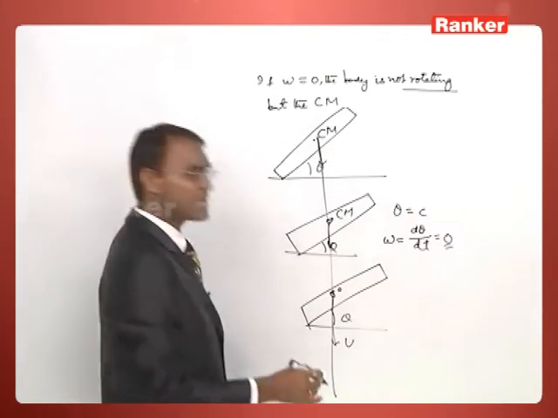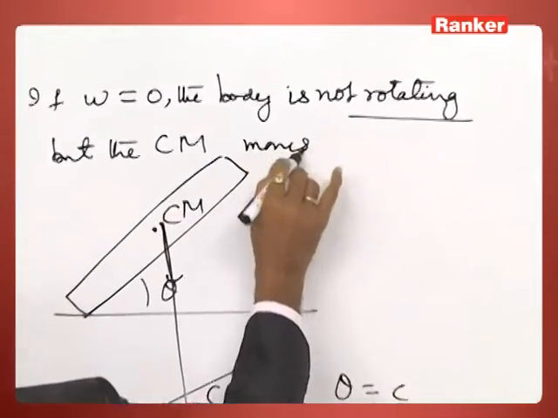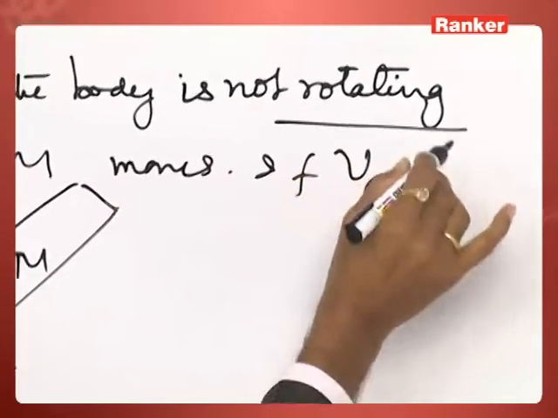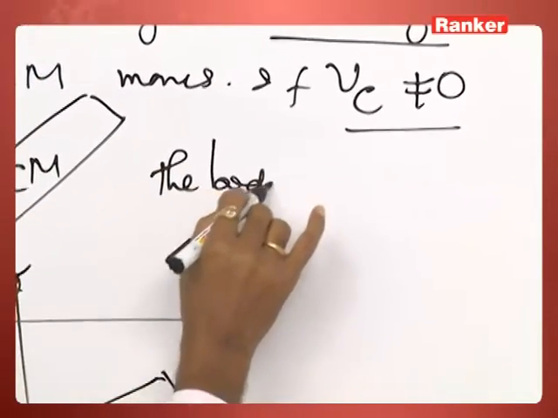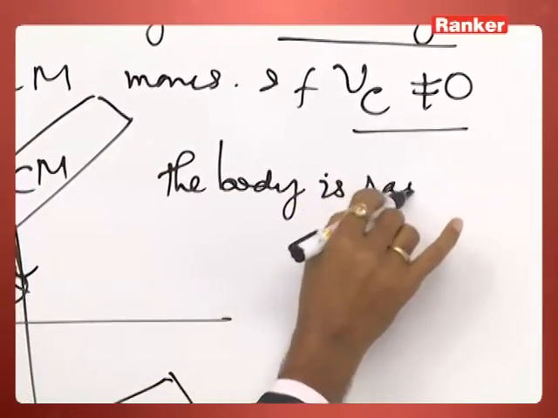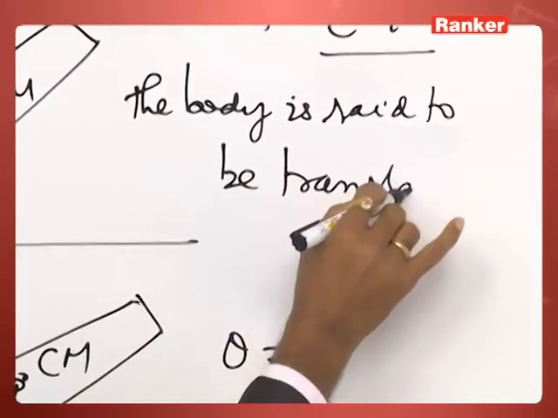The center of mass translates, but the center of mass moves. If the velocity of the center of mass is not equal to 0, the body is said to be translating.